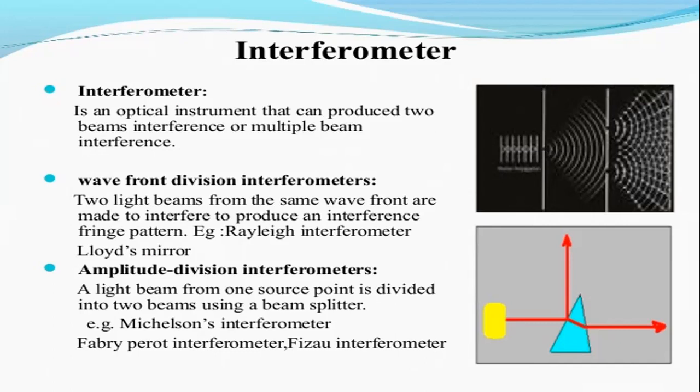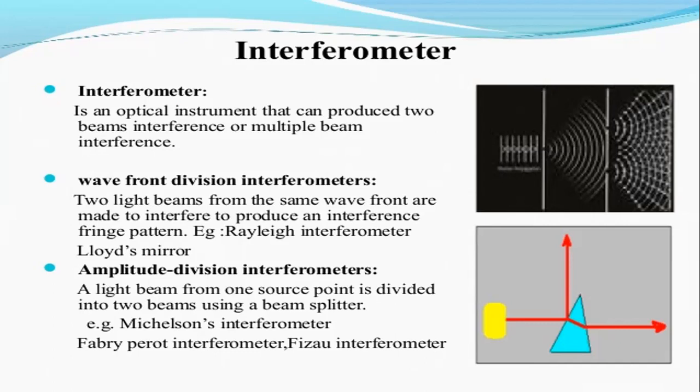So basically this interferometer is an optical instrument that can produce two-beam interference or multiple-beam interference. There are two modes of interferometers, that is the wavefront division interferometer mode and the amplitude division interferometer mode.